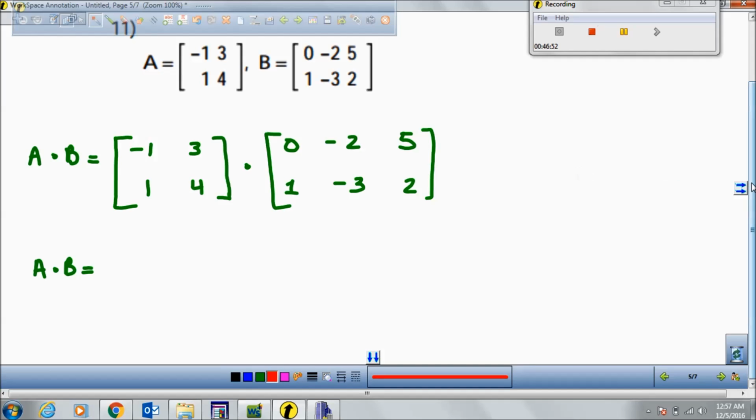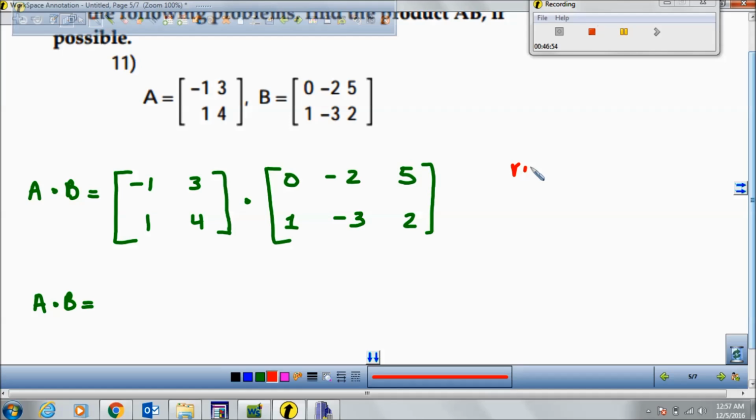So in multiplication, you're supposed to do always row times column. You have to remember that. So I'm going to multiply the first row, negative 1 and 3, times the first column and the second one, 0, 1. Negative 1 times 0, it's going to be, well, and I forgot to tell you something since the very beginning.